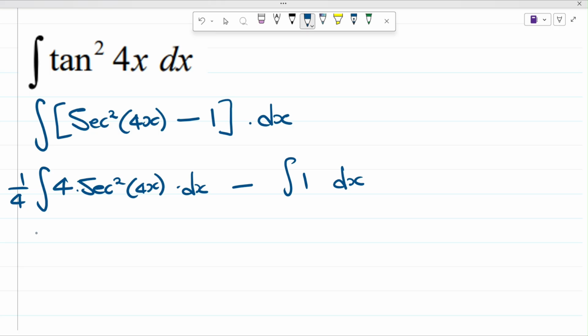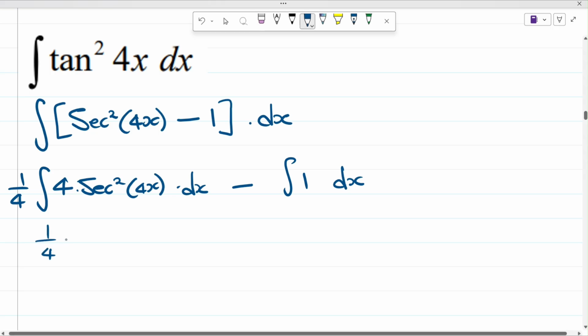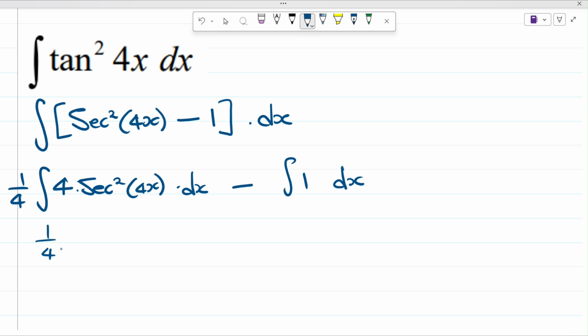So we're going to take whatever we have outside the integral, that 1 over 4, multiplied by tan of 4x.